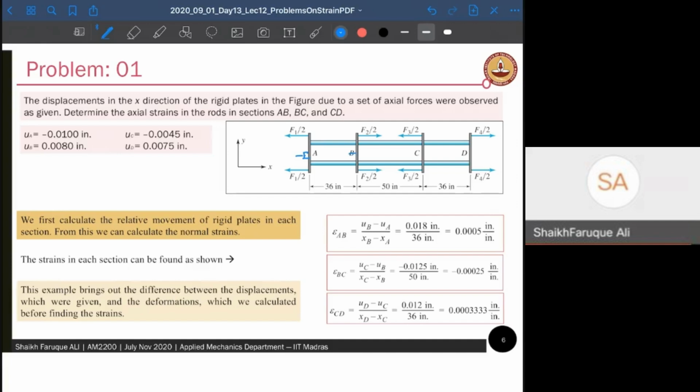We call it LDV. There can be a displacement sensor here, there can be one here, okay, or we can use an LVDT, or we can have laser sensors to measure displacements.